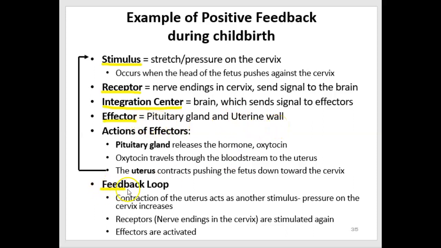And what this positive feedback loop is that once the uterus contracts, that is another stimulus, and that's sent to the integration center, and the uterus contracts some more. So those are the major themes that we're going to encounter in different organ systems throughout A&P1 and A&P2. Thank you.